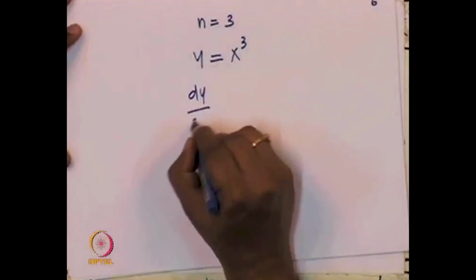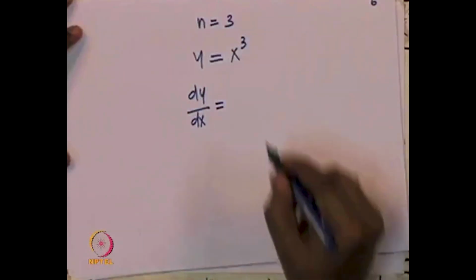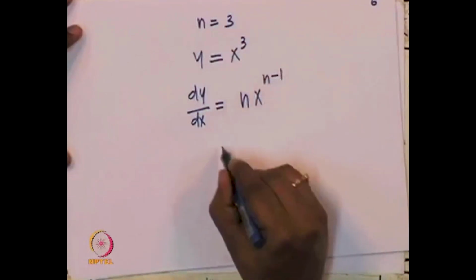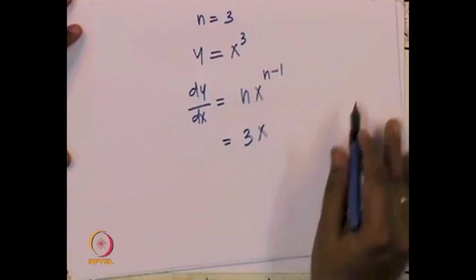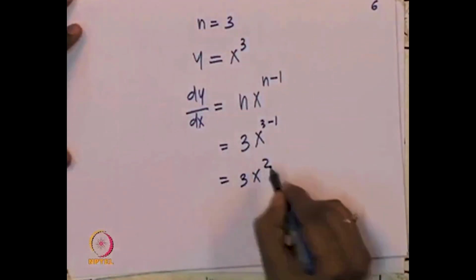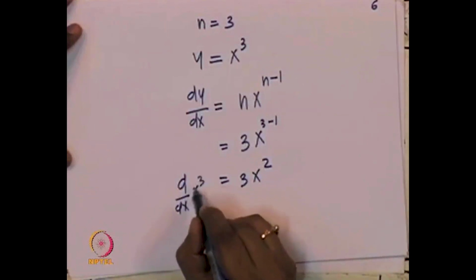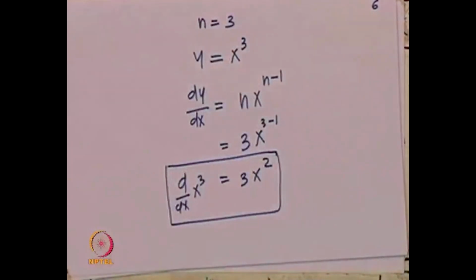According to the rule we learned, dy by dx is n x power n minus 1. So n is 3, so 3 x power 3 minus 1, which is 3 times x square. So d by dx of x cube is 3 times x square.